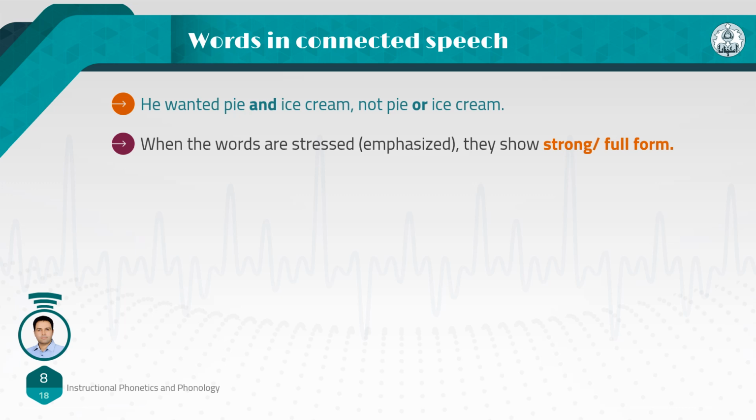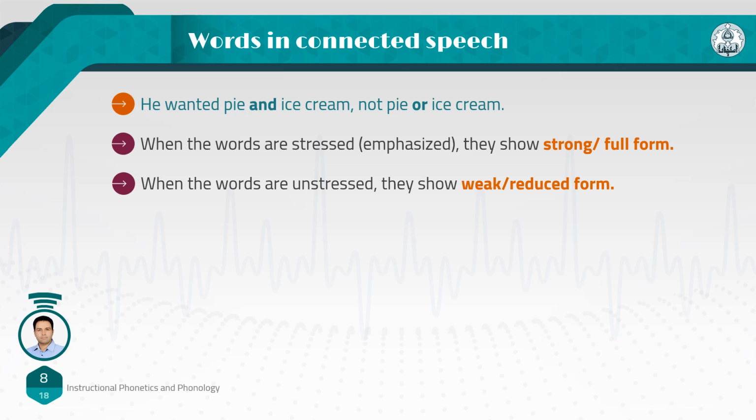Here the emphasis is on "and," not "or," so we pronounce it fully. We say he wanted pie and ice cream, means both of them, not pie or ice cream, not one of them. But when the words are unstressed, they show weak or reduced form.